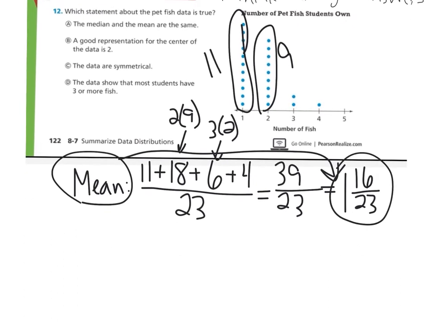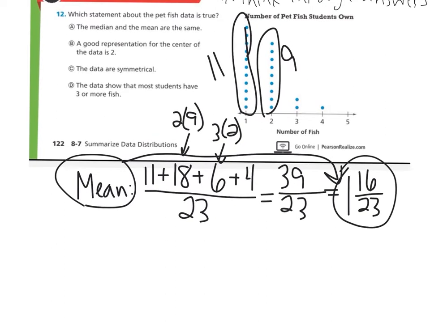The median, since we only have whole numbers here, is either going to be just a whole number as well, or if it's the middle of 2 whole numbers, it would be something and a half, for example 1.5 or 2.5.